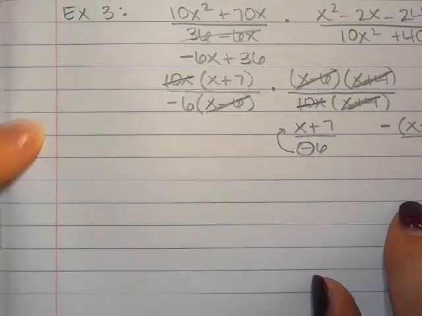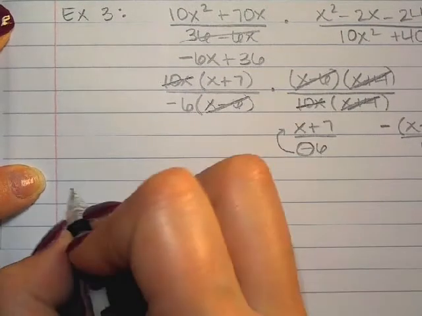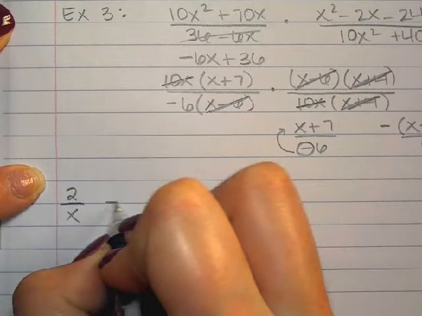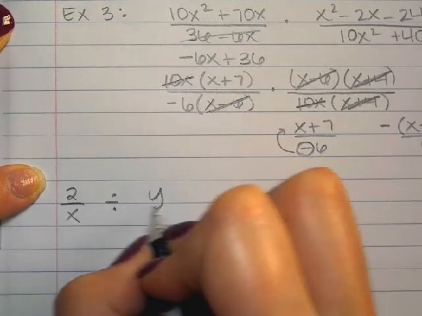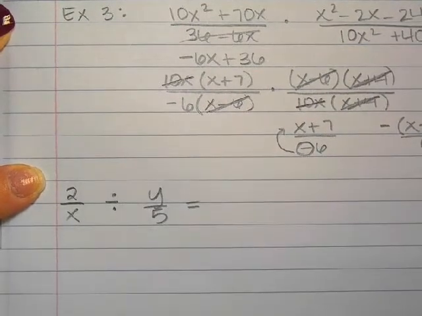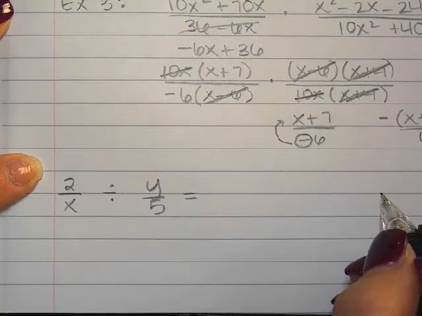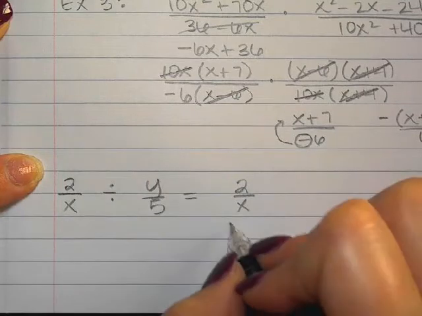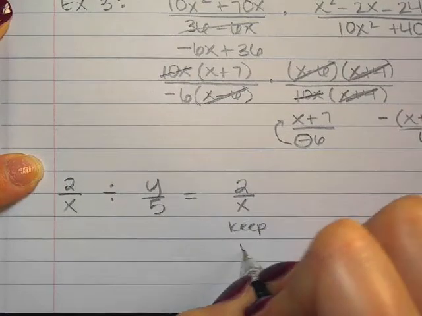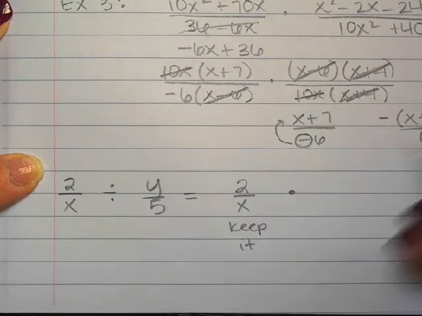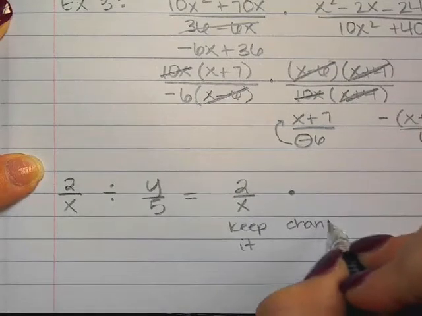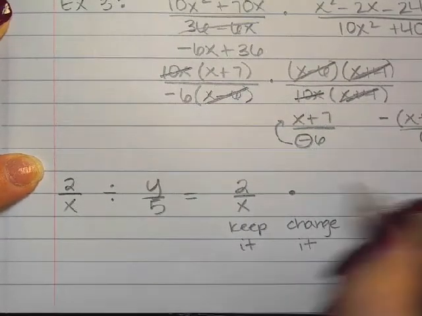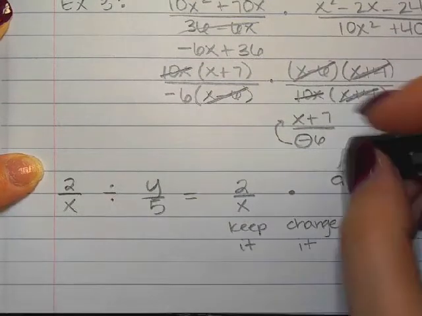With division, we would have a problem like 2 over x divided by y over 5. What we do when we have a problem like this is we keep the first fraction. So I'm going to write keep it. We change it to a multiplication problem, so we keep it, change it, and then the second fraction gets flipped.